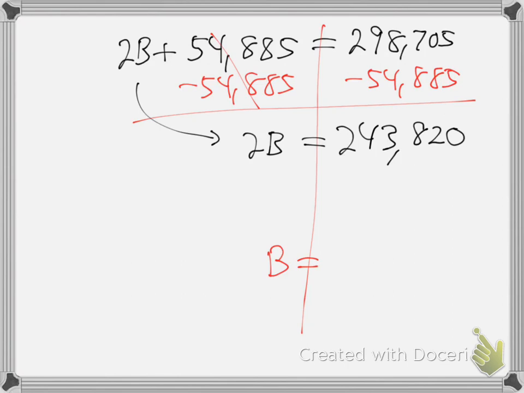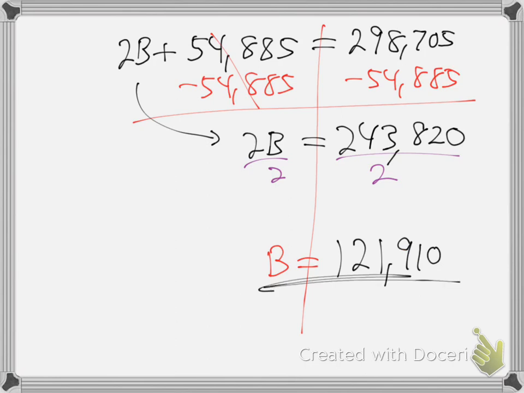Thank you. And then last step? Divide by 2, so B equals 121,910. So there's B. That's B's salary.